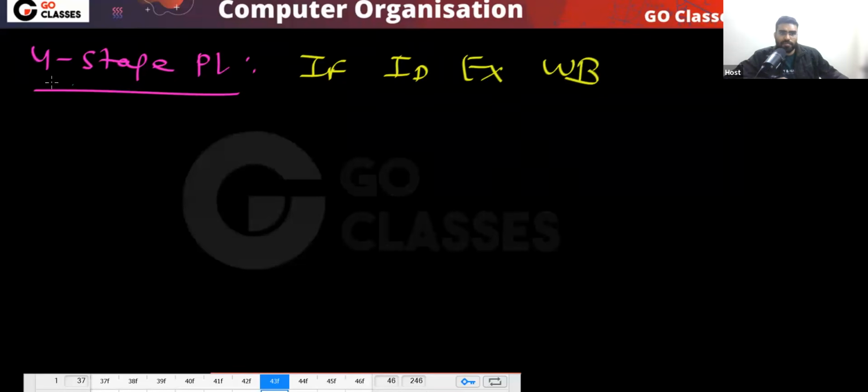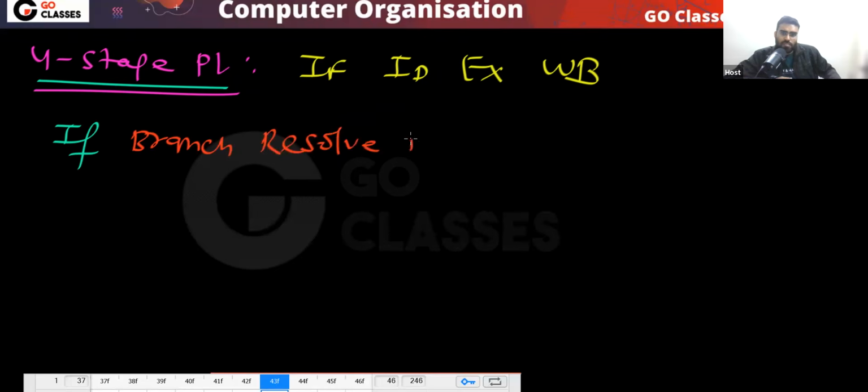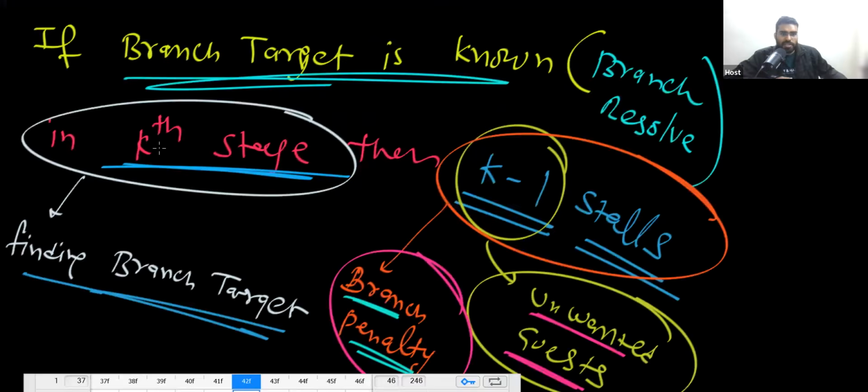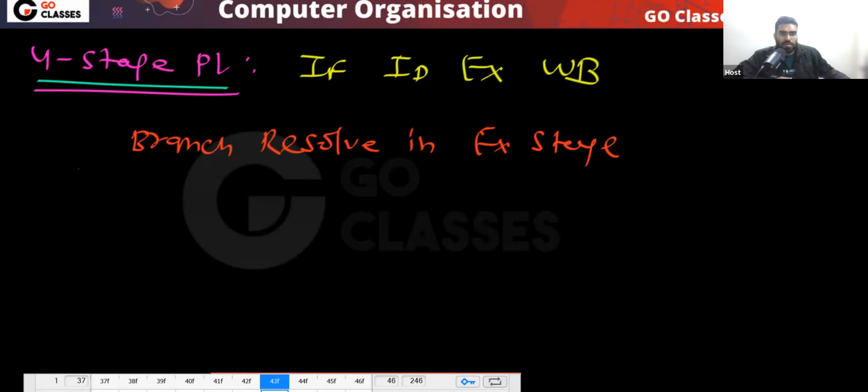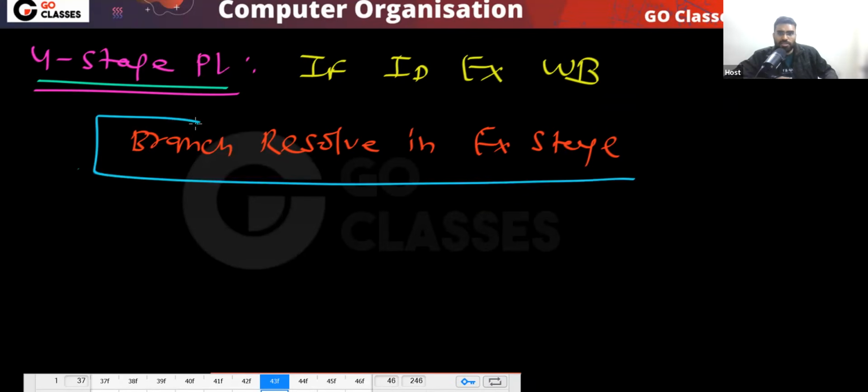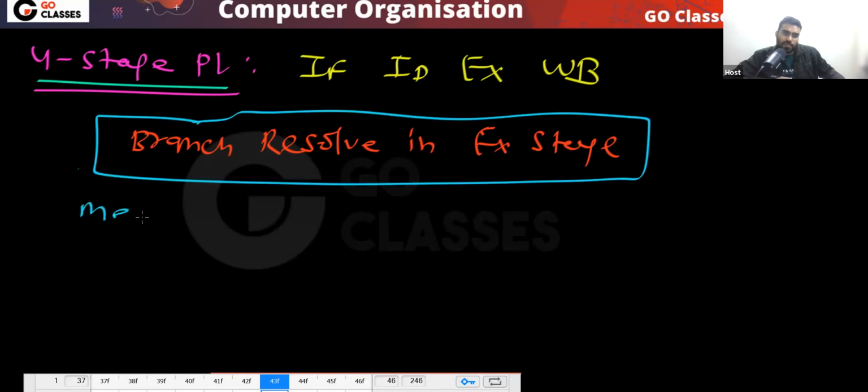Now you tell me, if the branch resolves in the execute stage, what does it mean? First of all, tell me what it means.